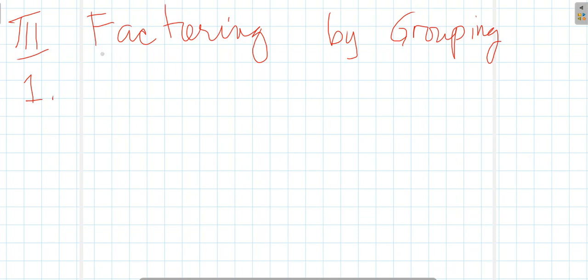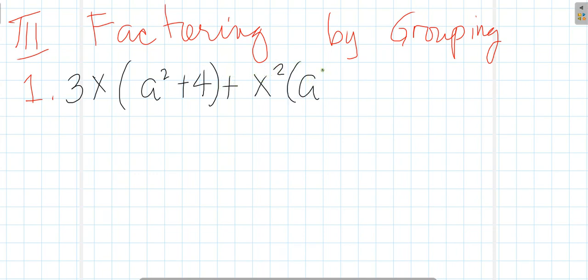So I hope you understand the lesson now. So this one, if you have to factor, we have here 3x times a squared plus 4 plus x squared times a squared plus 4.